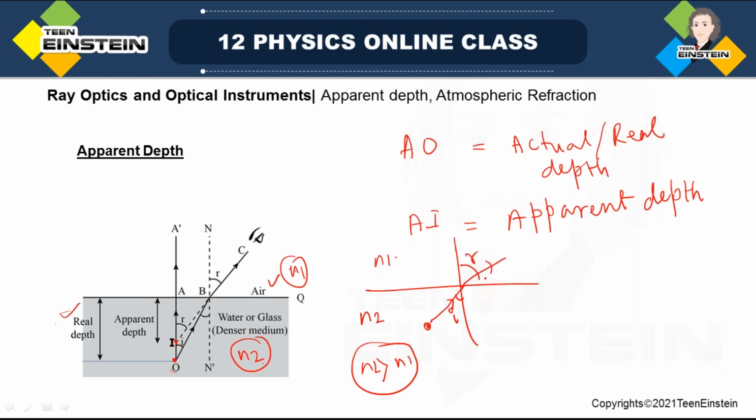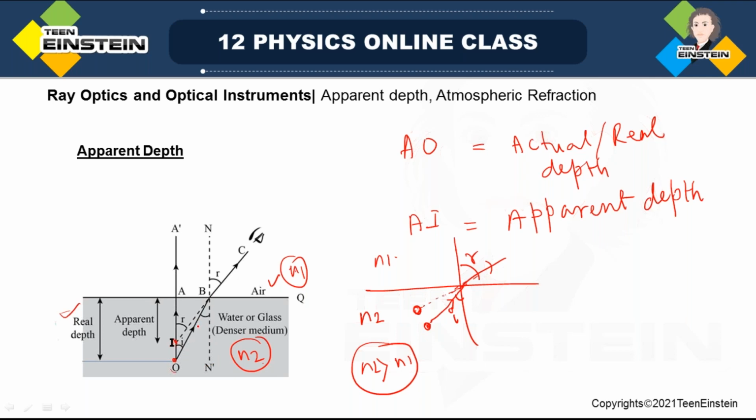This is the angle of refraction. If you backtrace this refracted ray, you will find a position somewhere here. Similar thing happens over here.